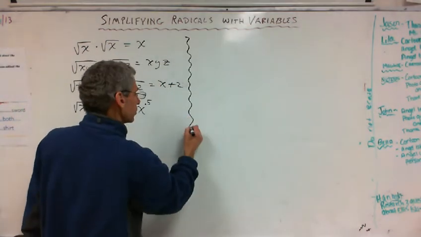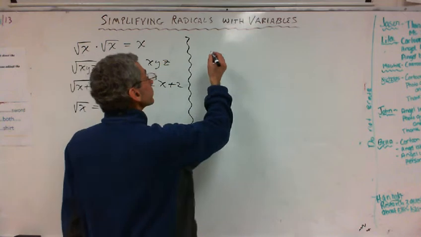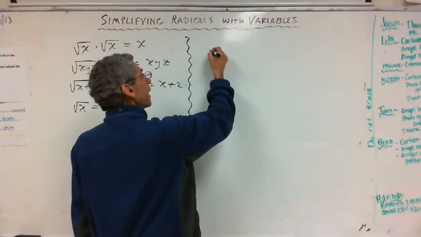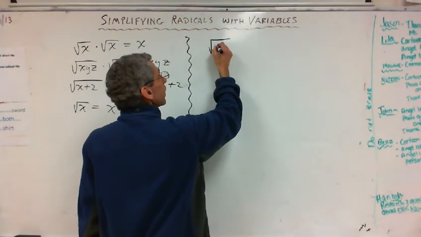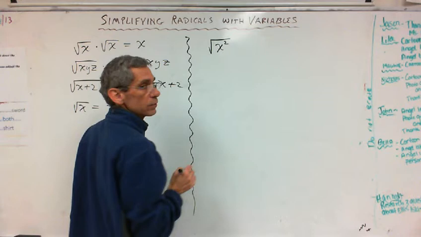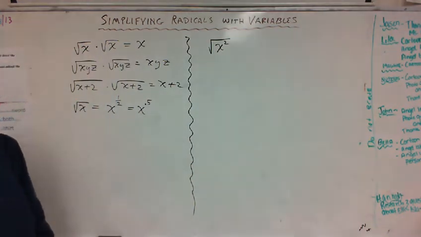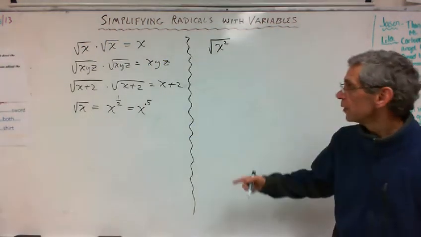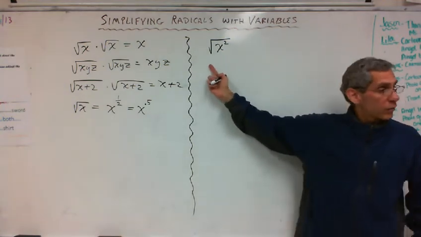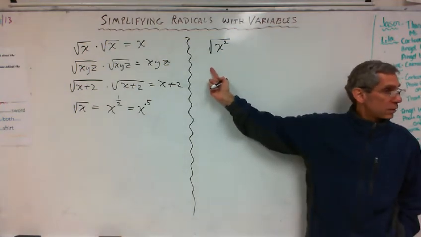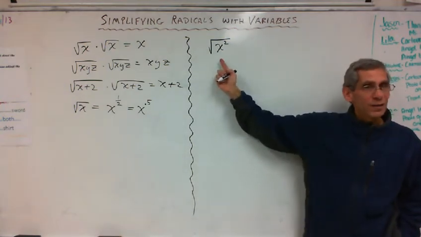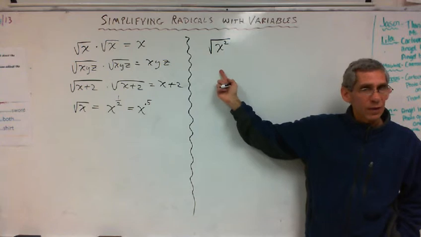So now we're going to start looking at how to do these. Let's say you have the square root of x squared. Now, in order to take something out, it's got to be two of the same thing, right?